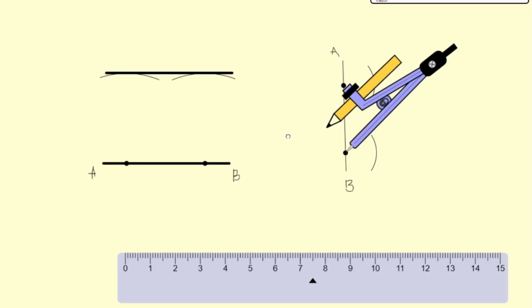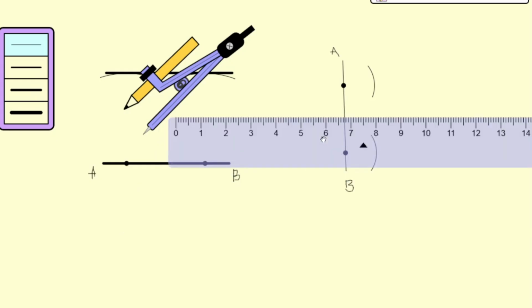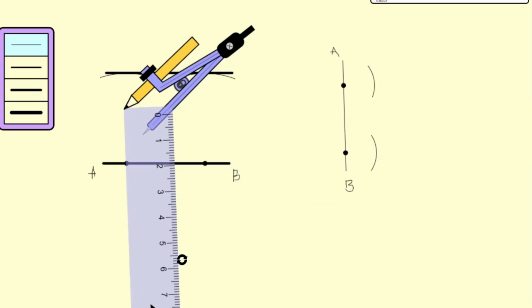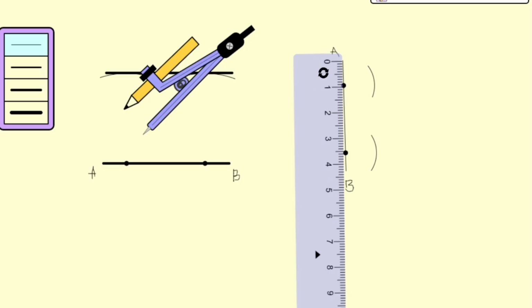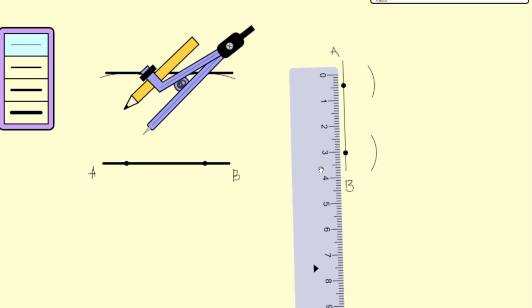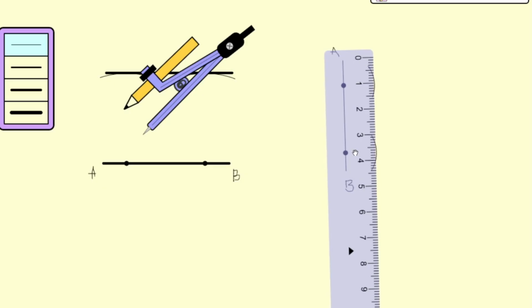After you have done that, you get your ruler again, and you ensure that your ruler is oriented correctly. So it should be as straight as the line that is there. Then you place it at the top of these and you draw your line.